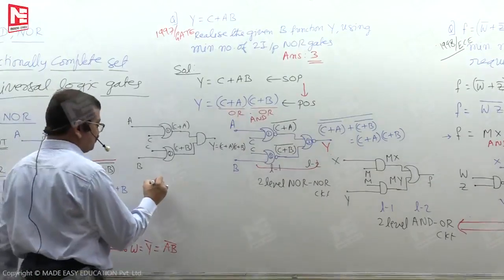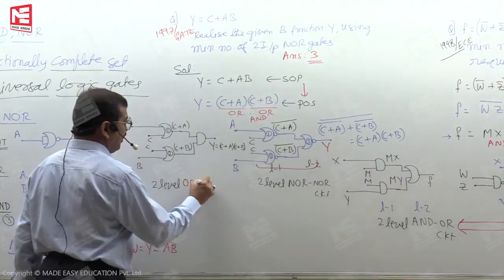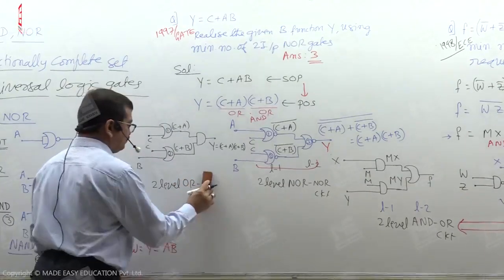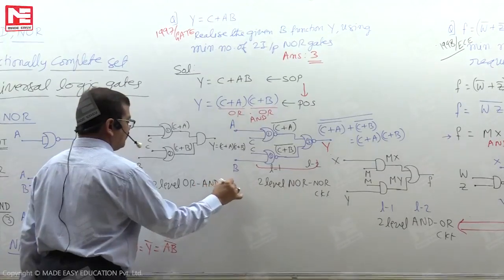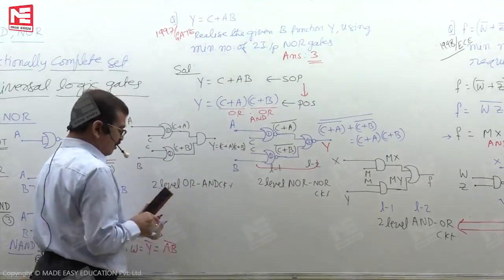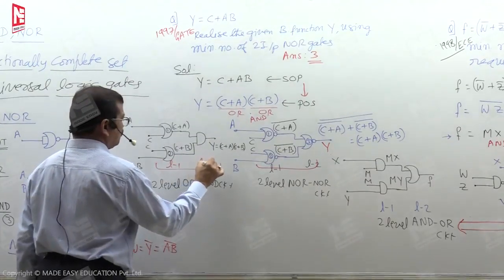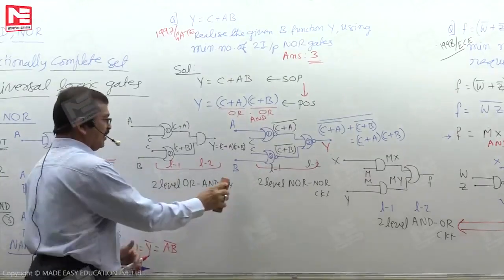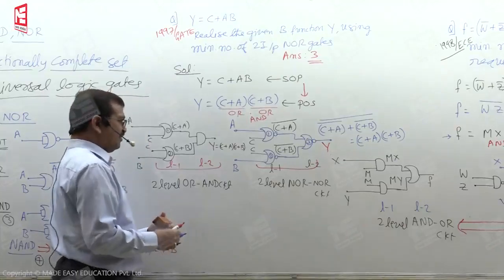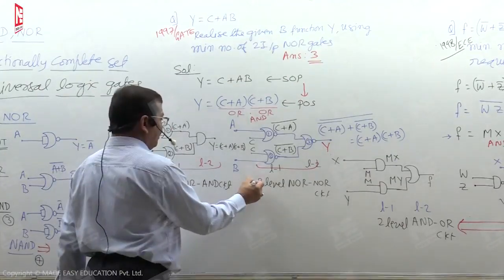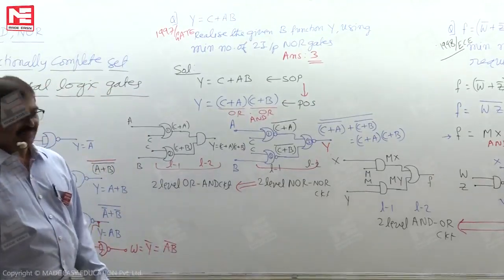Based on this, we say this is a 2-level OR-AND circuit. At level 1 OR gates, at level 2 an AND gate. So we have a conclusion: a 2-level NOR circuit is equivalent to a 2-level OR-AND.